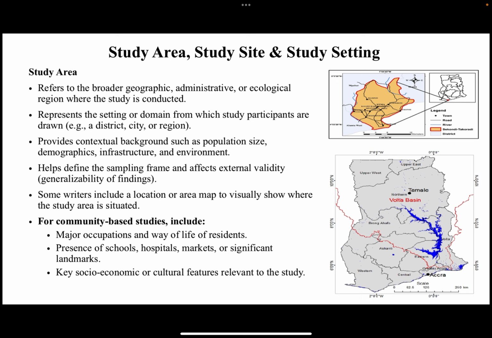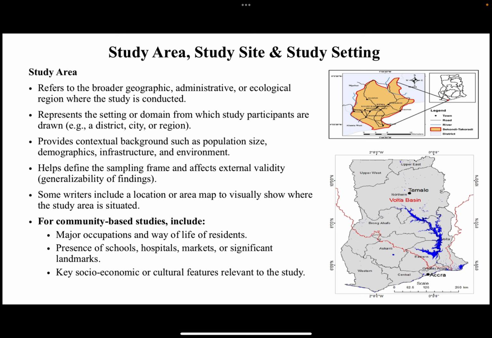Give a good summary of the nature of the environment in that district. Great. And in the study area, sometimes you have to include a map. After writing the study area, it makes your work very nice, and people can read the location just by looking at the area map.